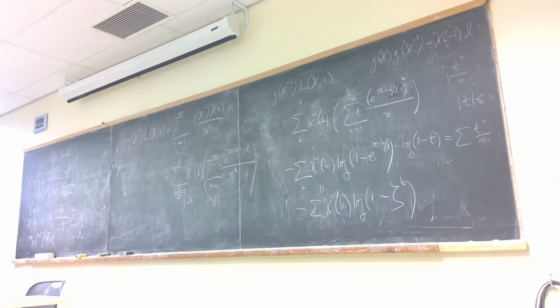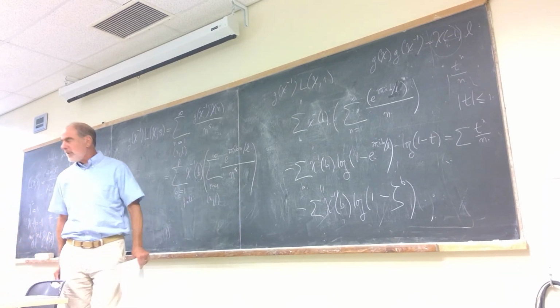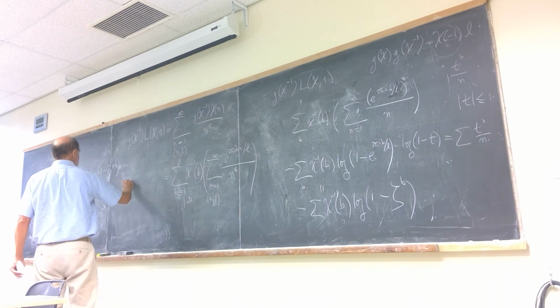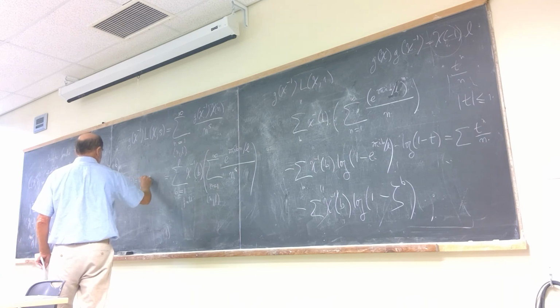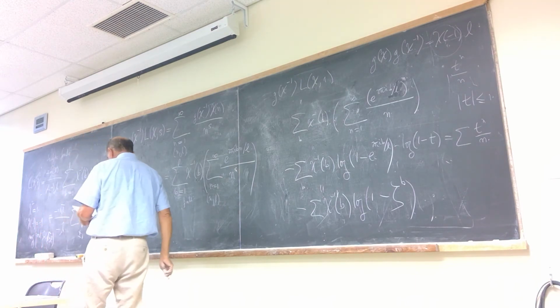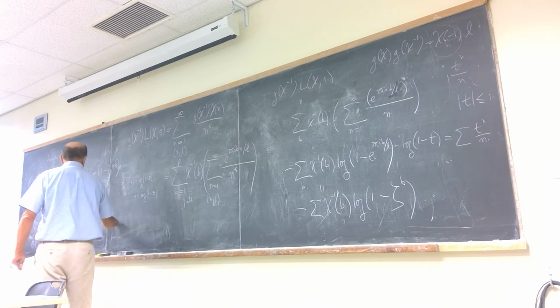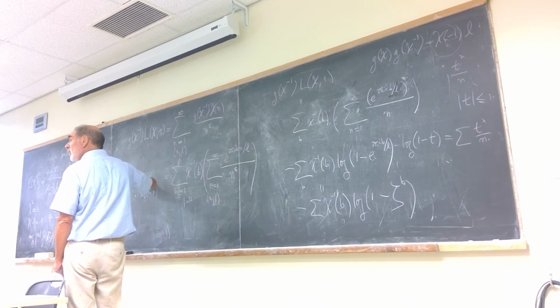Okay, now the logarithm is a complex valued function. It has a real part and an imaginary part, right? The log of 1 minus z is equal to the log of the absolute value of 1 minus z, that's the real part, plus i times the argument of 1 minus z. Now, I claim that if you write this as a sum of its real and imaginary parts, the sum over the real parts is 0.